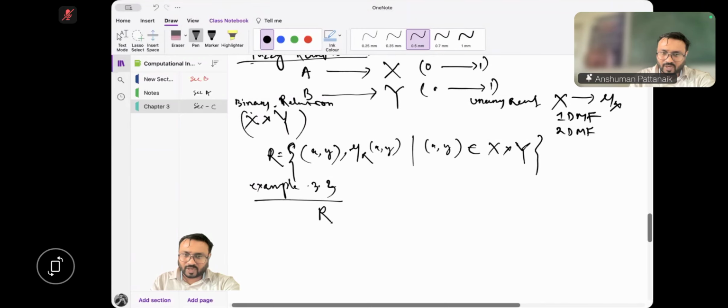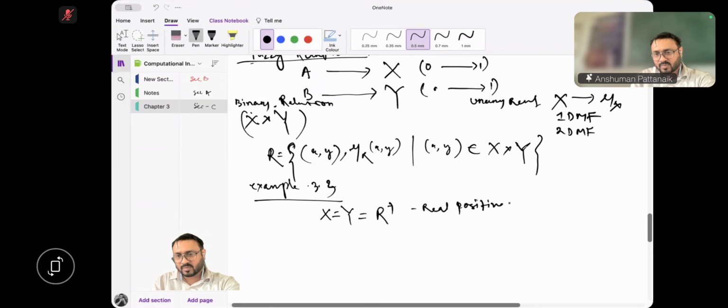If I define the relation R between the X universe and the Y universe, R plus means real positive integers.